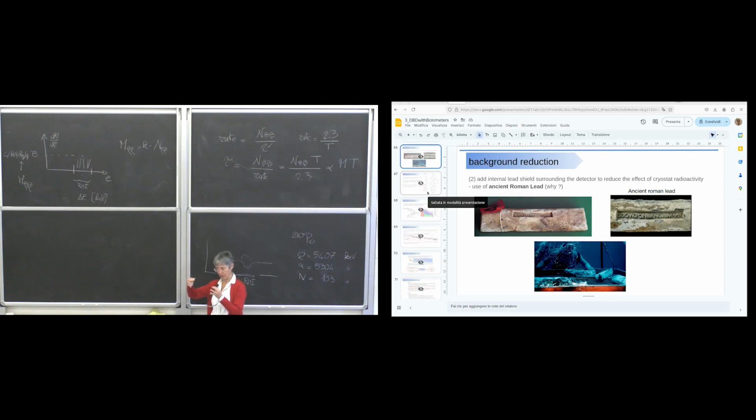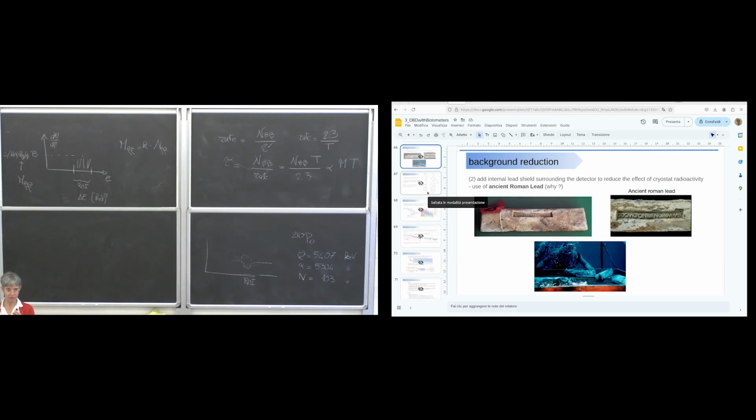Since I want to place it very close to the detector, it has to be very, very clean from the point of view of radio purity. And then, lead is not activated by neutrons. I mean, everything can be activated, but it's not relevant.